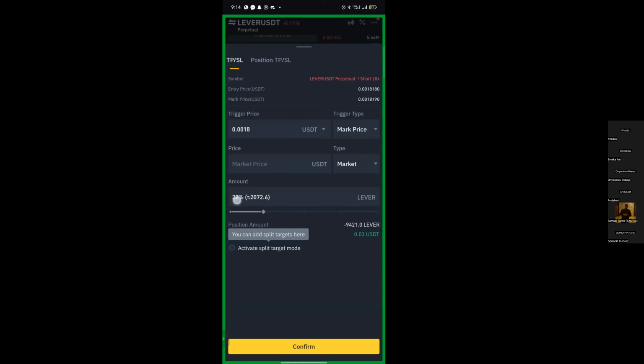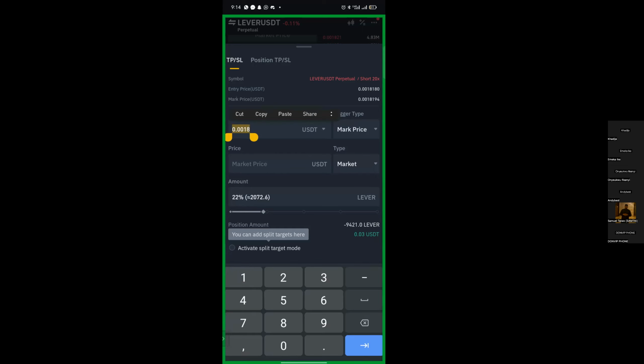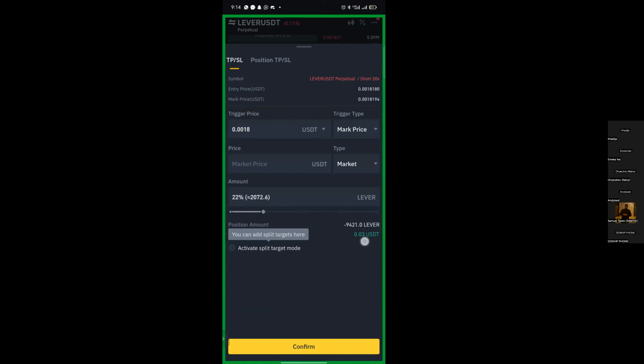If I click confirm, and the market hits 0.008, it will close some position and give me some profit, and this is the profit I'll get. The expected profit is 0.03 cents. When it triggers at 22%, you will go with 0.3 cents. If you want to take 50% of it, you get 8 cents. It will close, and you still remain in that trade.